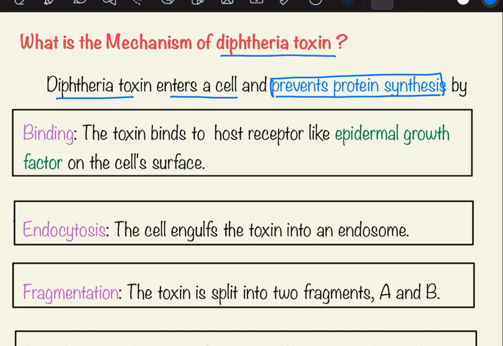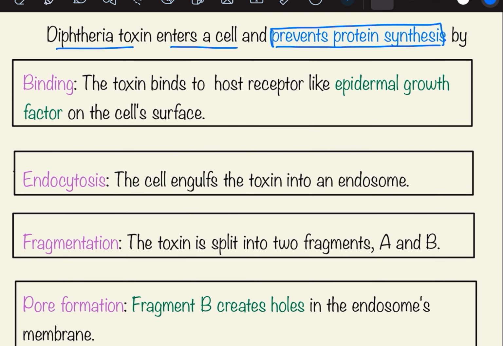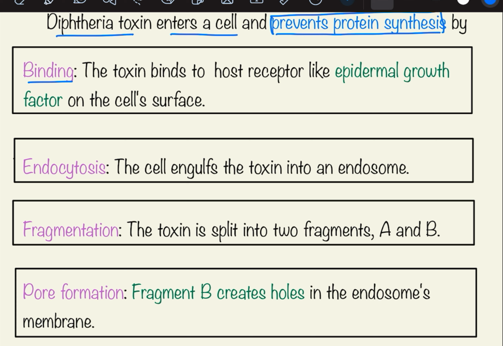How does it do this? The first step is binding: the toxin binds to host receptors like epidermal growth factor on the cell surface. After binding, the cell engulfs the toxin into an endosome, which is called endocytosis. After engulfing, the toxin splits into two fragments, A and B. This step is called fragmentation.